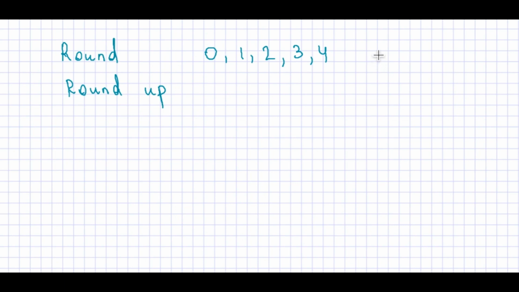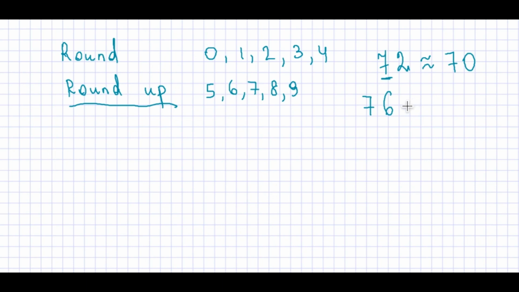Nothing. For example, if we have 72 and we want to round it to the nearest tens, it is just 70. Nothing happened with 7. But if we have numbers 5, 6, 7, 8, or 9, round up happens. Like if we have 76, so 7 will go up and it will be 80.